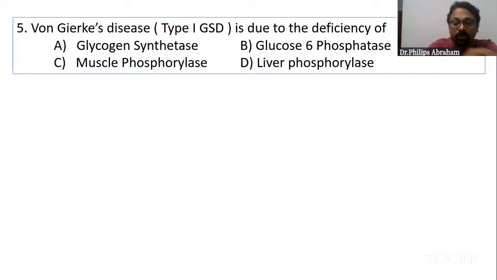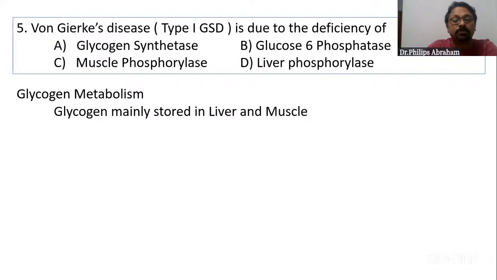Glycogen is the storage form of glucose, as you know, stored mainly in liver and muscle. It's a homopolysaccharide made up of glucose, more precisely a branched homopolysaccharide.